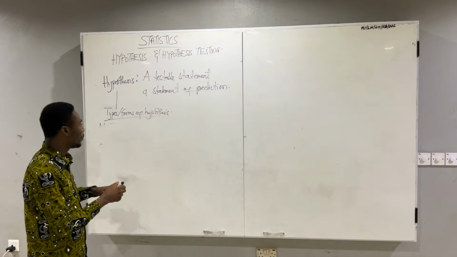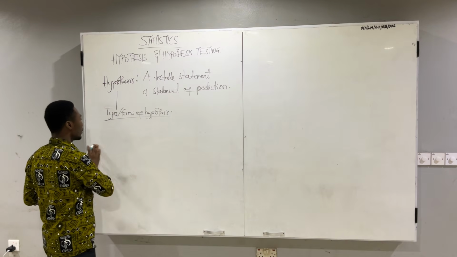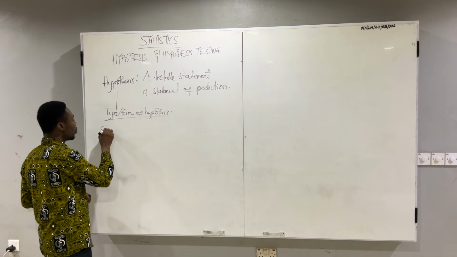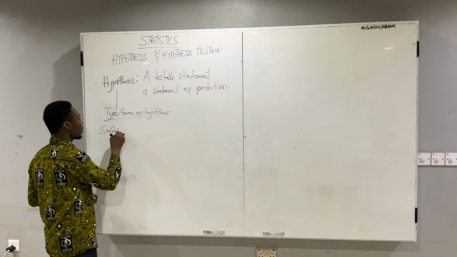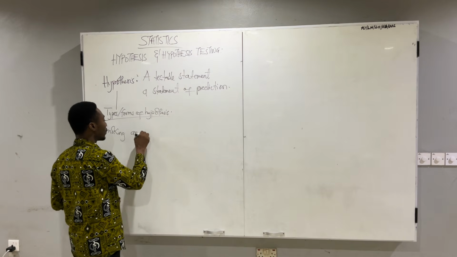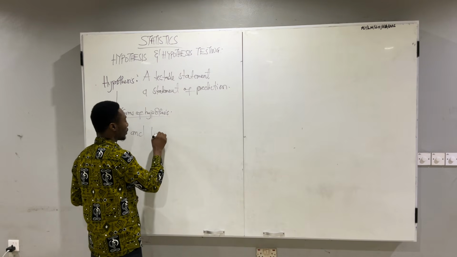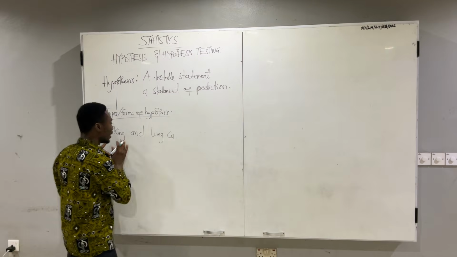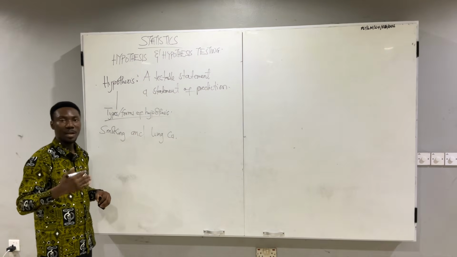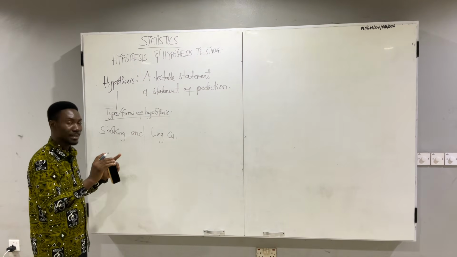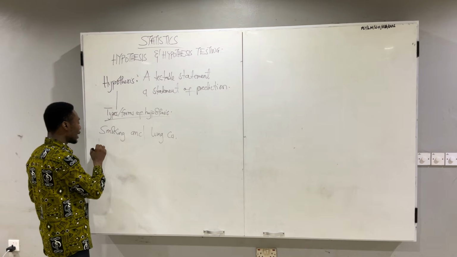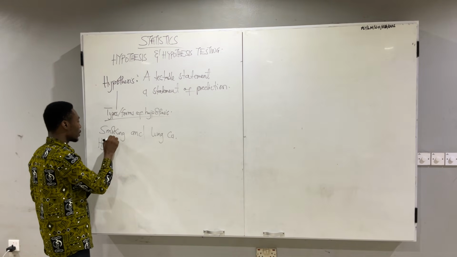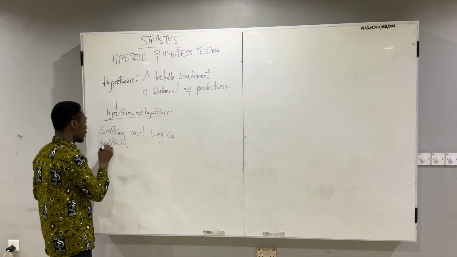So let's say we give you two variables, smoking and lung cancer. So these are two variables. And we ask you to write hypothesis. It's simple.